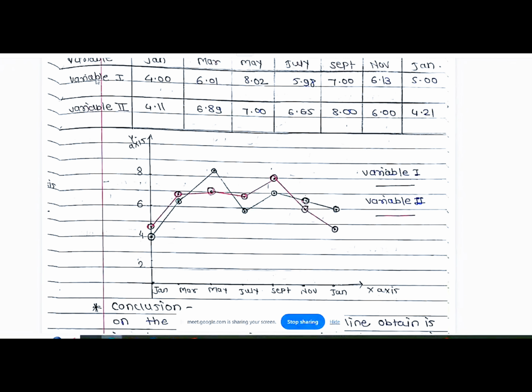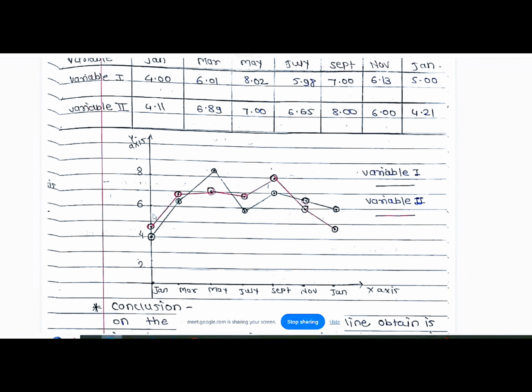For January, the value of variable 1 is 4. So I have given a dot on 4. This green line represents variable 1 and the red line represents variable 2. You can give multiple lines on the same diagram if there are more than two variables.